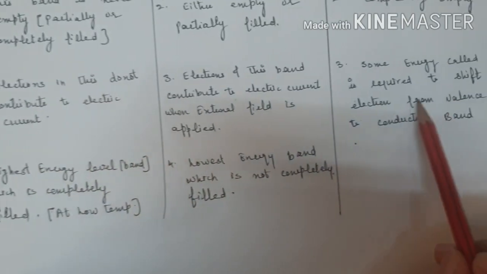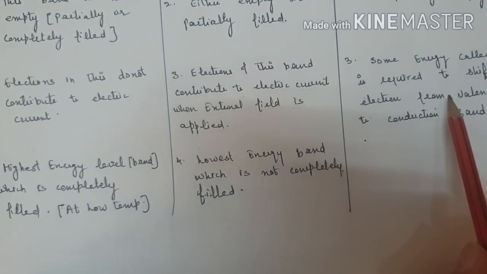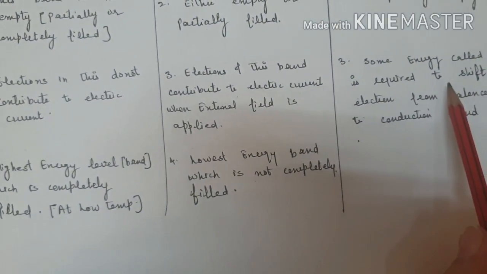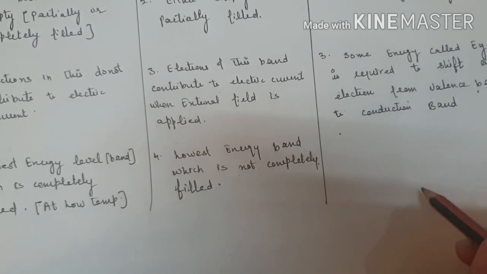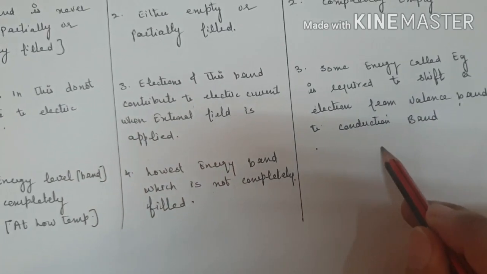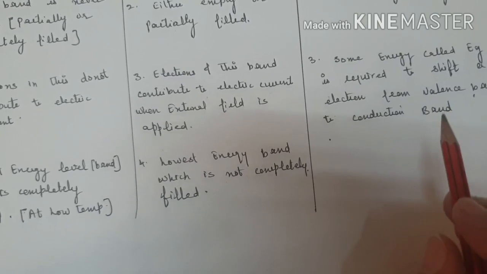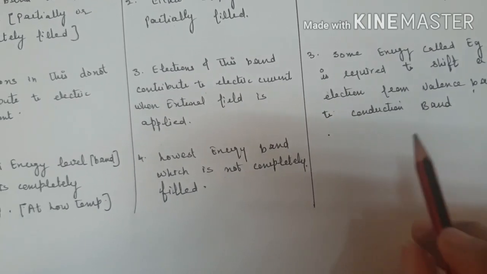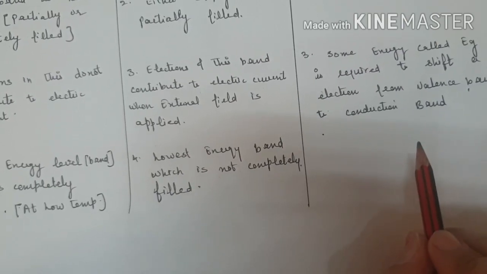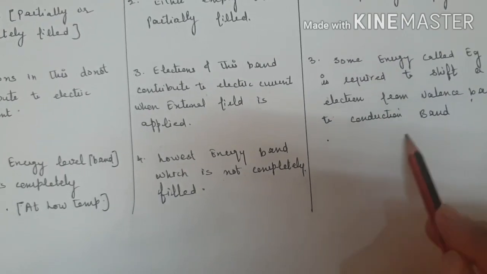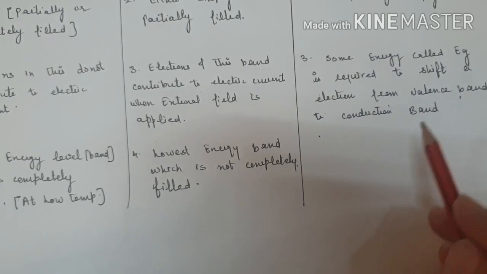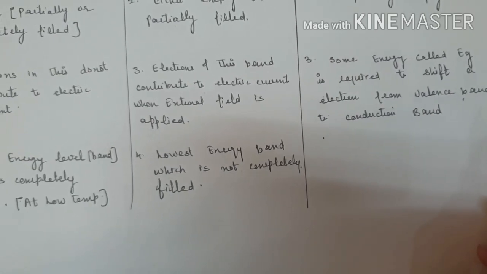Clear? And here is the energy gap, Eg, which is required to shift an electron from the valence band to the conduction band. When an electron wants to jump to the conduction band, it must have energy equal to or greater than the forbidden energy gap, and this gap is different for conductors, insulators, and semiconductors.